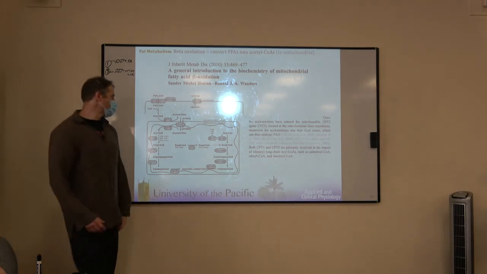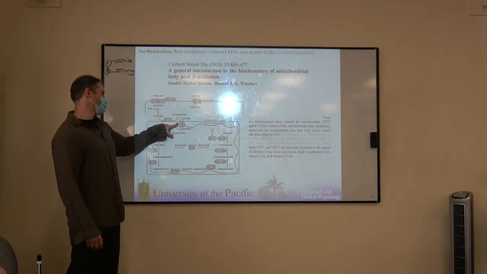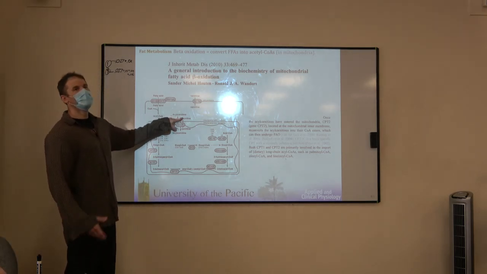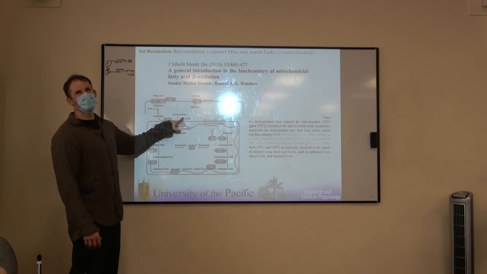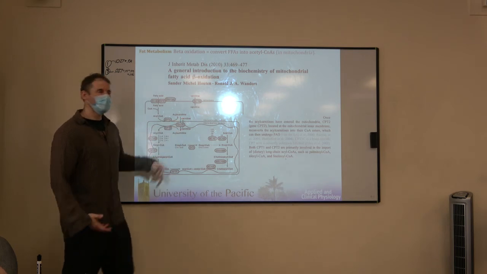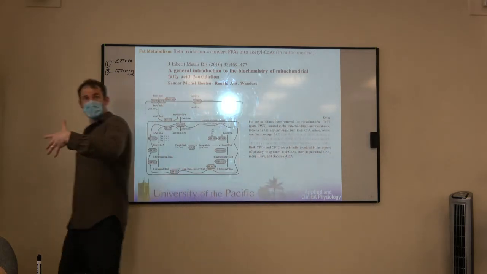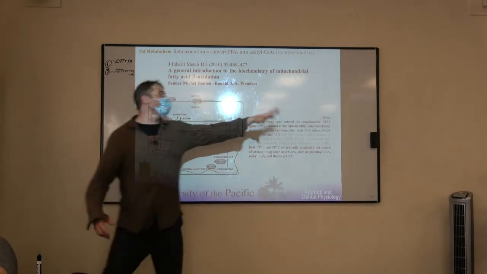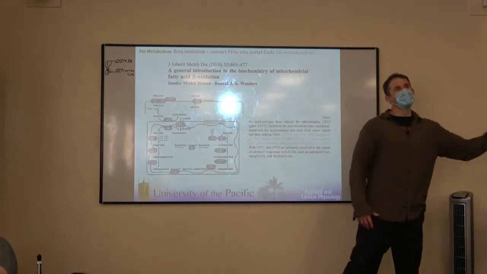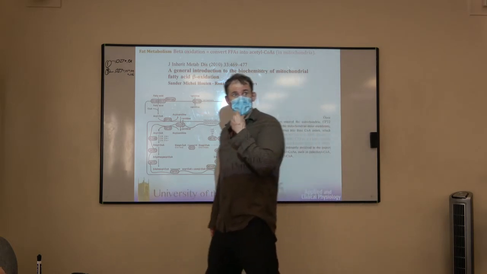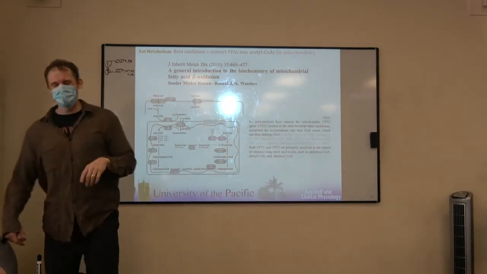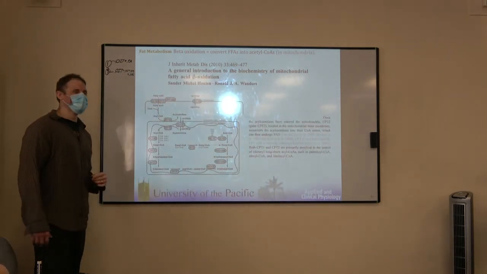In that analogy, CACT is the doorman. Carnitine is the favorable person inside the club who comes out: no, they're with me. They can come into the club. And then they see someone else: no, they're with me too. Didn't you just say that person used to be like Usher? I have a picture of Usher. Yeah.